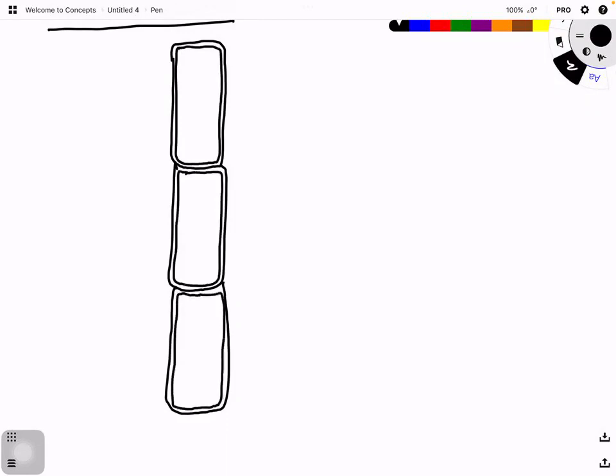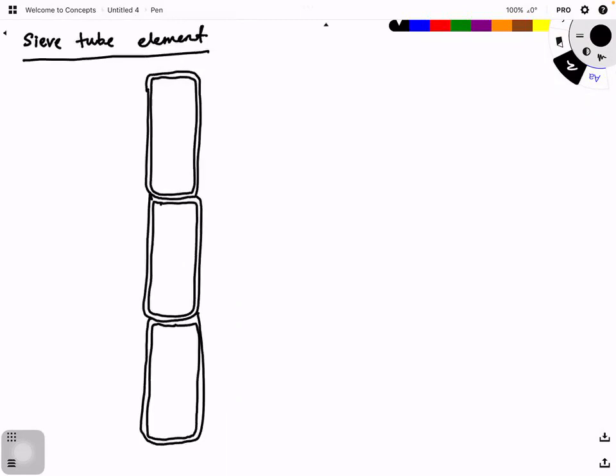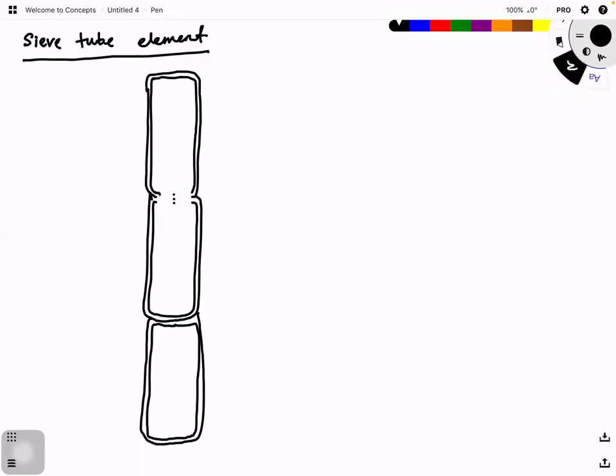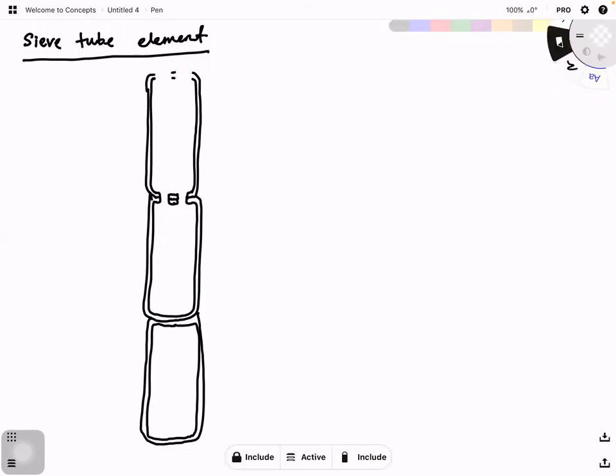Now, compared to the xylem vessel elements, which I am going to compare later, sieve elements have what we call perforated end walls. Instead of being totally broken down, they are perforated.